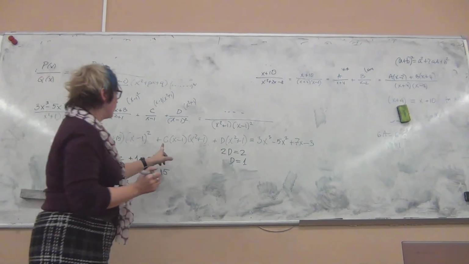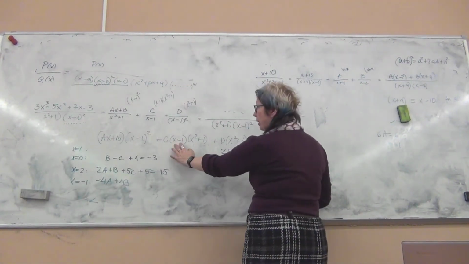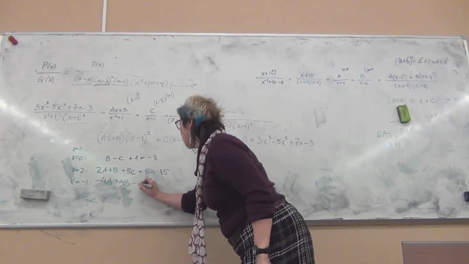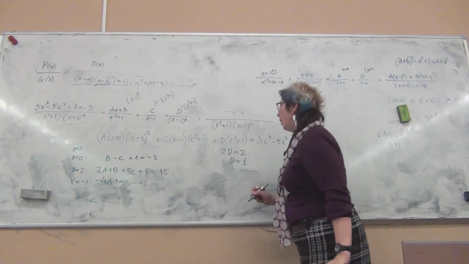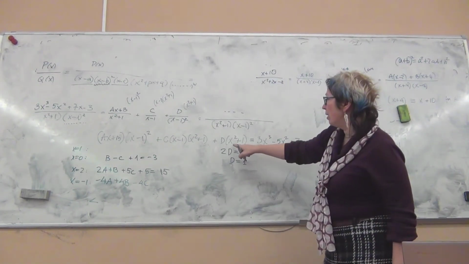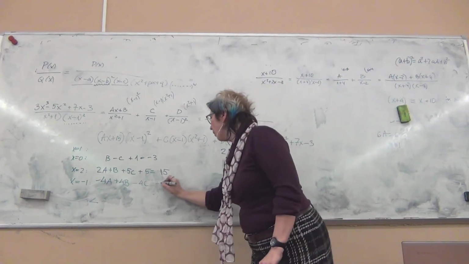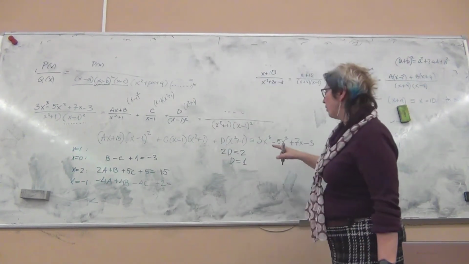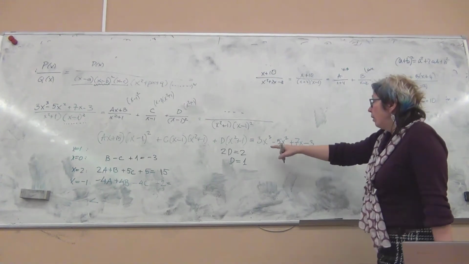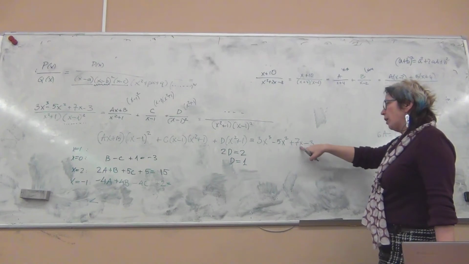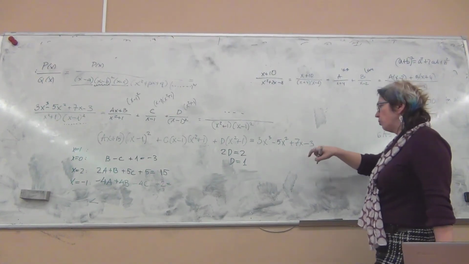Now this part is minus 2, and this is 2, so it's minus 4c. This part is 2d, means 2. And if x is minus 1 there, minus 3 minus 5 is minus 8, minus 8 minus 7 is minus 15, minus 3 is minus 18.